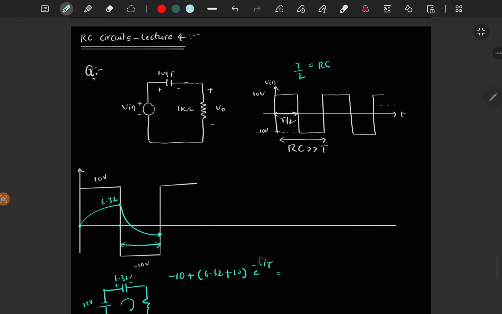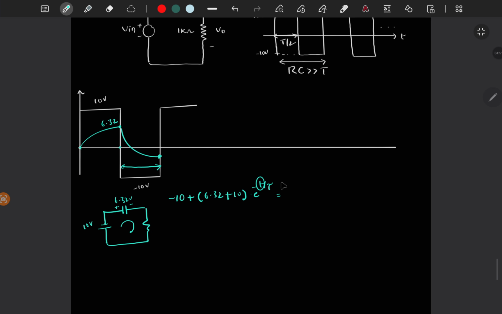So if you wait for one time constant, you will get minus 10 plus 16.32 e to the power minus 1. You understand this, right? If you put this duration in place of t, you will get the value at that point of time.